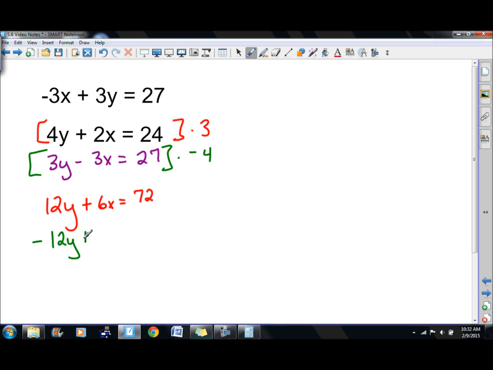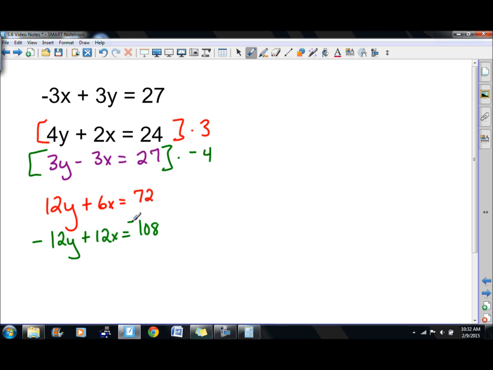The bottom equation, now I have to do the same process except times negative 4. So that's going to be a positive 12x. And that's going to be 27 times 4. That's going to be 20 times 4, which is 80, plus 7 times 4, which is 28. So this is going to be a negative 108, sorry about that.